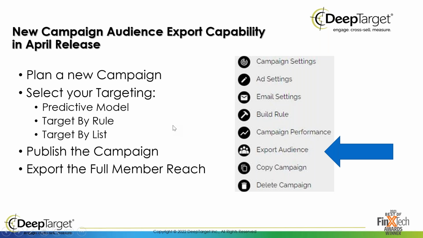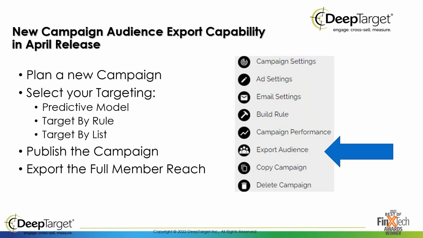And what this means is after you plan your campaign and you set up your targeting with a predictive model or a rule or a list, and you publish your campaign, then you're going to have a new selection on your drop-down flyout menu that says Export Audience.